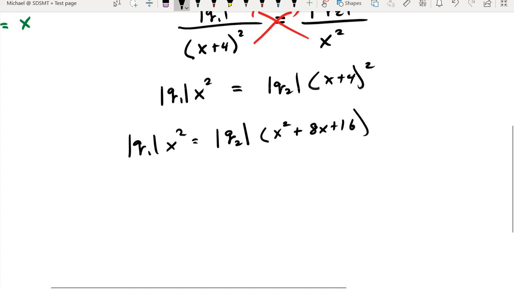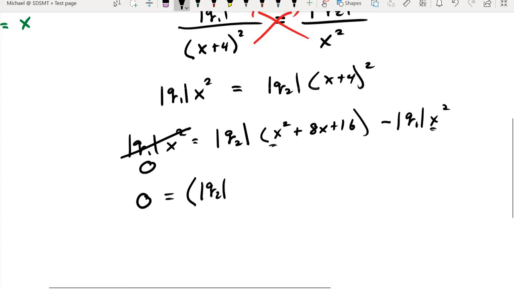Then what I'm going to do is I will subtract the Q1 term over to the other side. So if we subtract Q1 X squared from each side, we're back to having everything equal to 0. But the reason I want to do that is so that I can combine the X squared terms. I have a Q2 minus a Q1 all times the X squared.